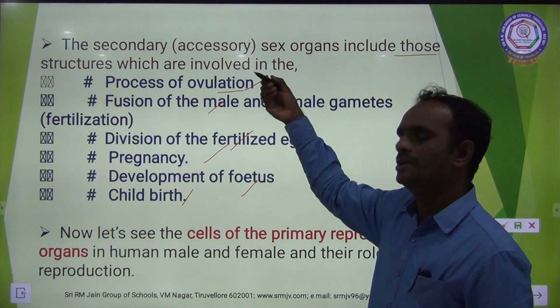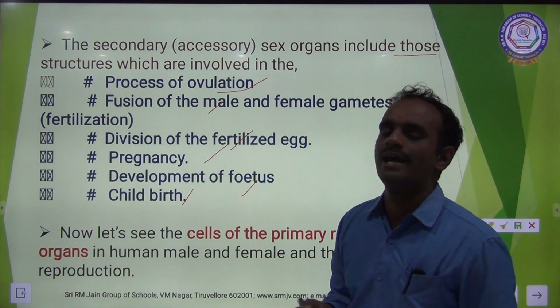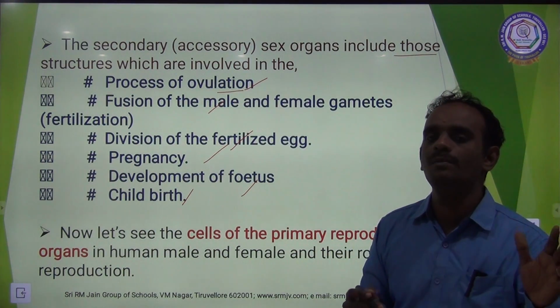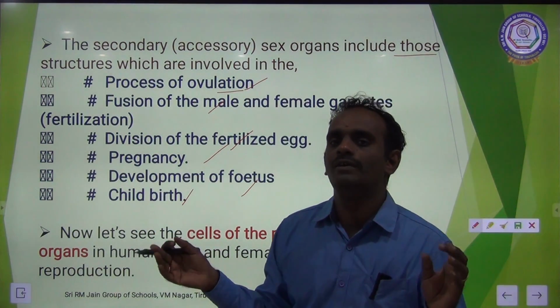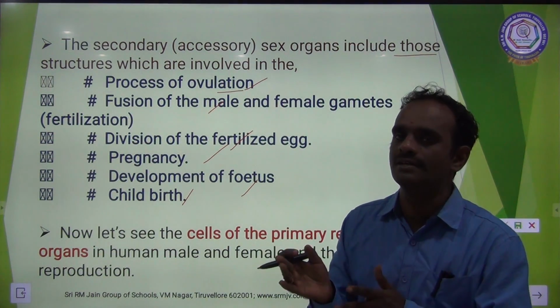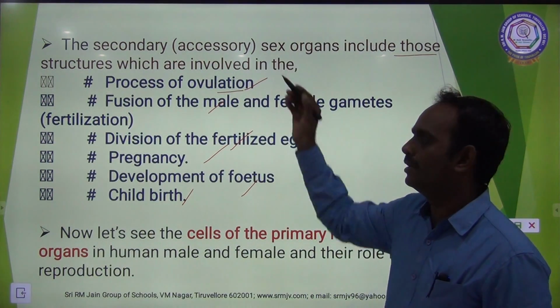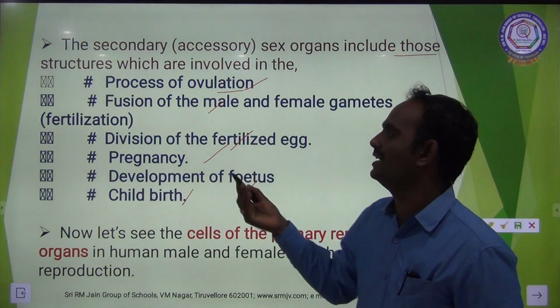For ovulation, the secondary organs are very essential. The male gamete is the sperm and the female gamete is the egg. These two fuse together, and the process is called fertilization. The secondary organs are important there too. Then the division of the fertilized egg.